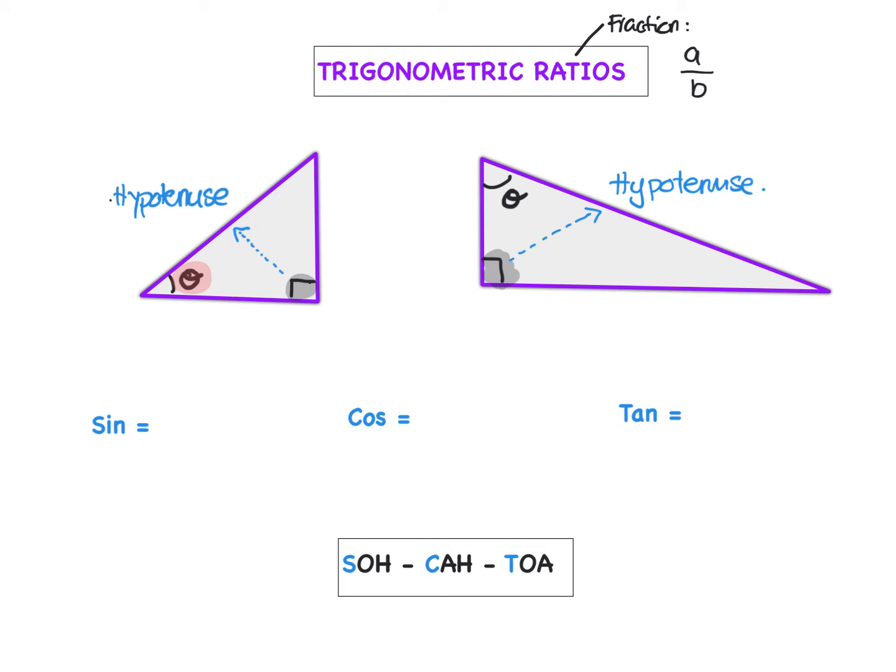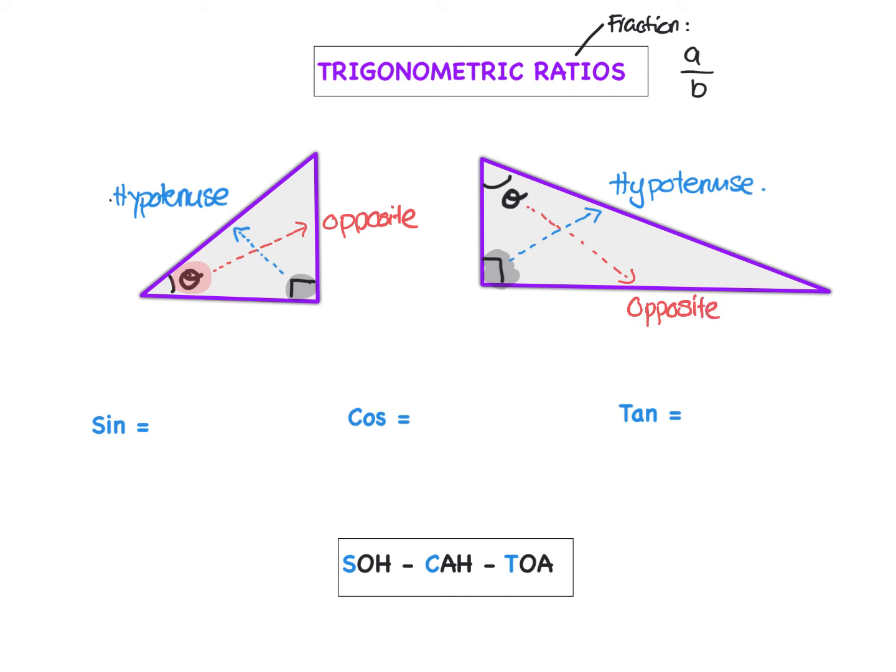The side that is opposite the angle they're talking about gets known as the opposite. So in this other triangle over here, this becomes the opposite.